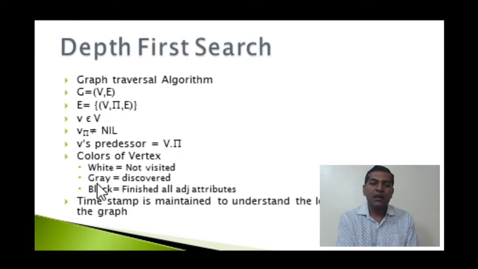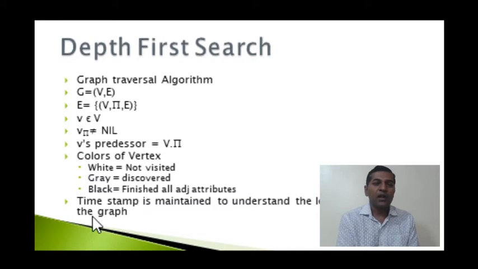If it is visited or discovered, meaning first time visited, then gray color is used for representing that node. We have a black color, which is shaded for that vertex only when all the related or neighbor or adjacent vertices of that vertex have been discovered. Only then do we shade that vertex black.